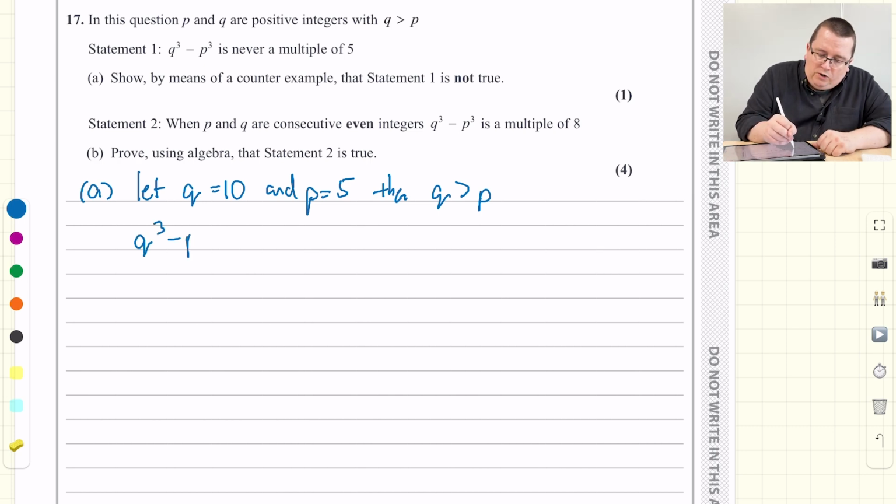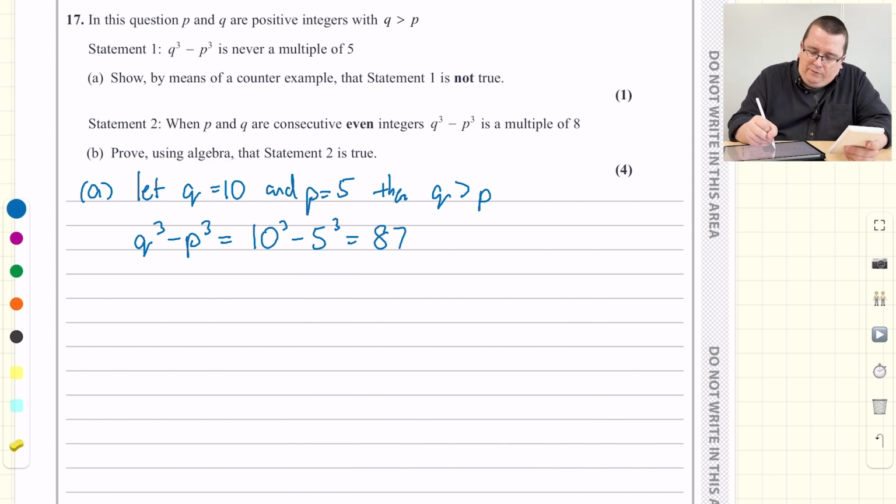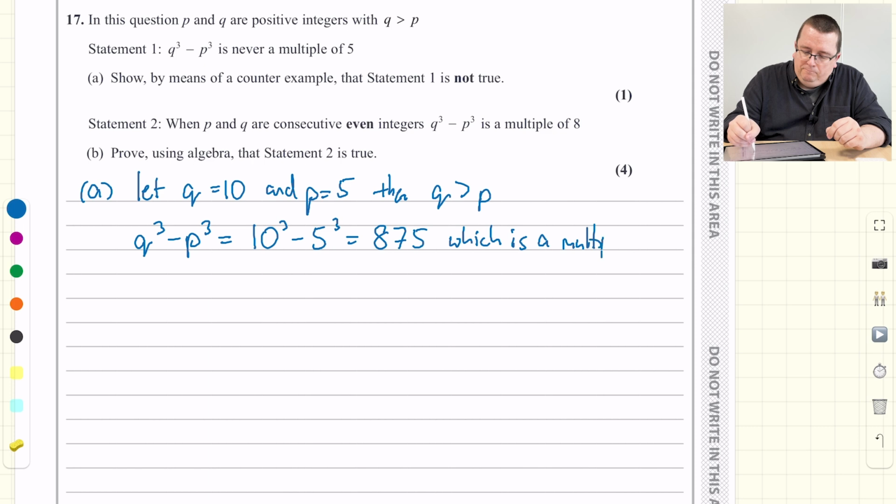Q cubed take away p cubed will be 10 cubed take away 5 cubed. So 10 cubed take away 5 cubed is 875, which is a multiple of 5. Okay?